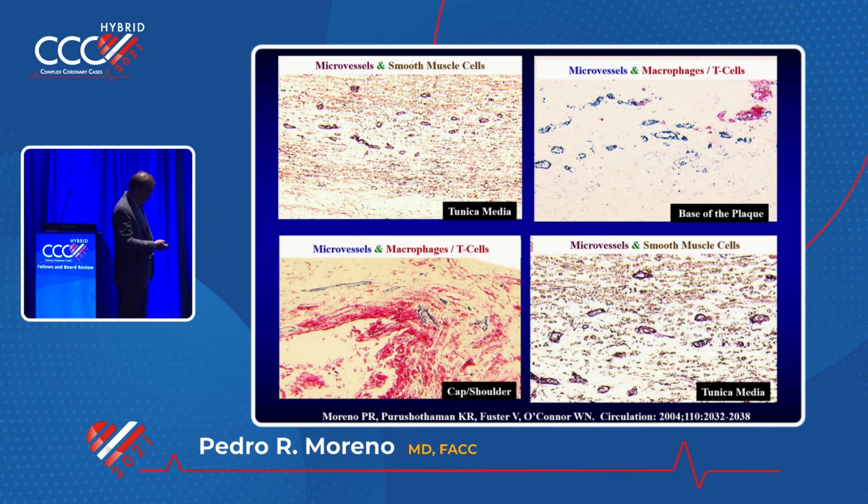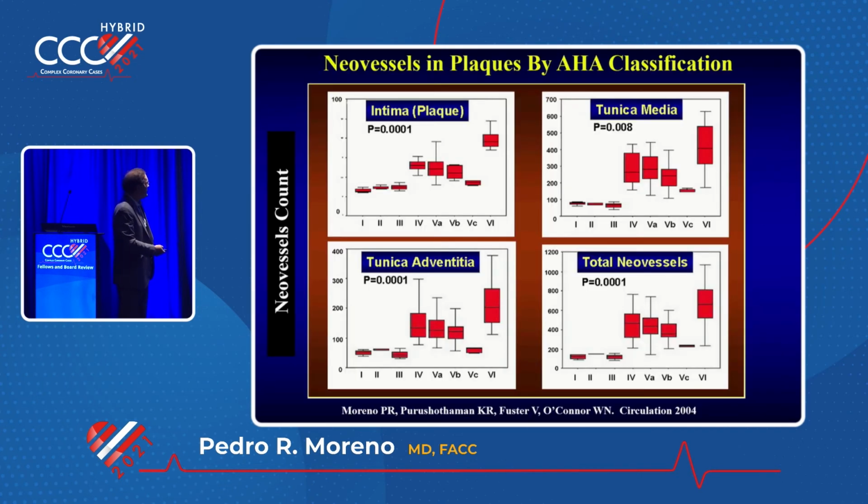This is the shoulder. And if you measure that, you can see non-specific intimal thickening, fatty streak, pre-atheroma, atheroma, thin cap fibroatheroma, calcific plaque, fibrotic plaque, ruptured plaque, or thrombotic plaque. Those are the classification, and you see the amount of neovessels, much more in the ruptured plaque.